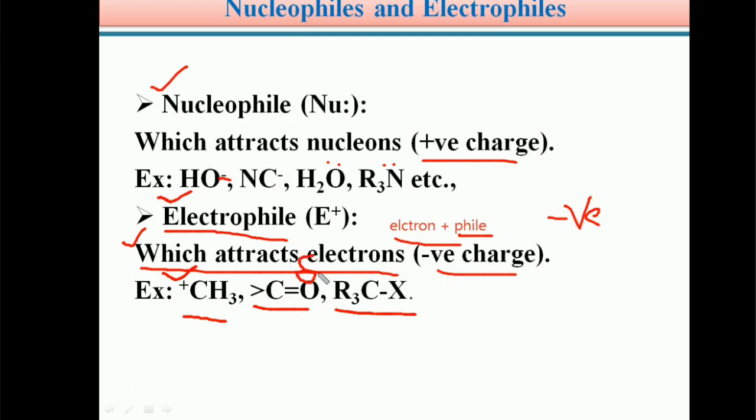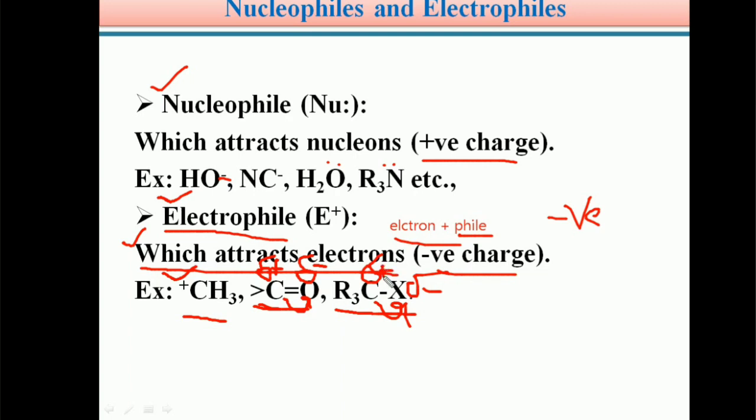As a result, the carbon gets a partial positive charge, temporarily acting as electron deficient. Similarly, in an alkyl halide the halogen is more electronegative, so it has a partial negative charge and the carbon gets a partial positive charge.